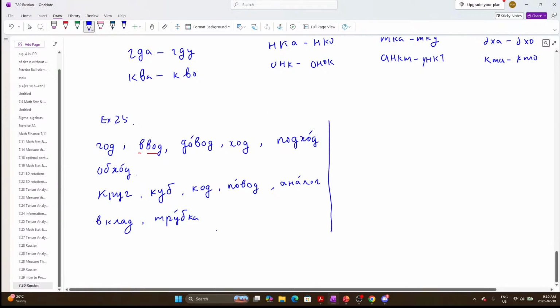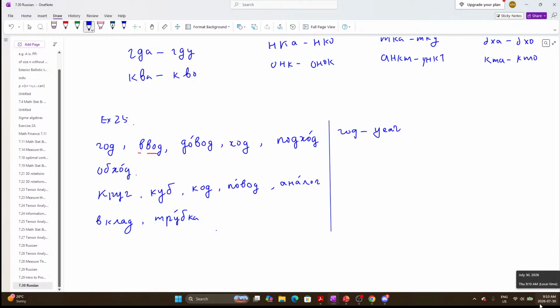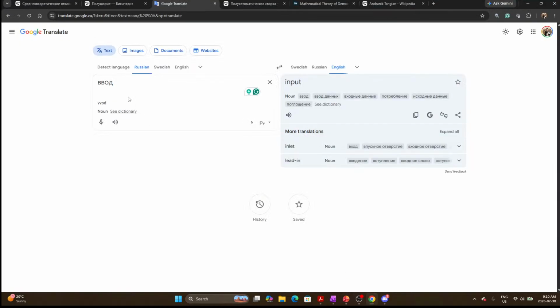Okay, let's take a look at the meaning. God is year, not God, okay? Is year. So for example, this year is 2026, but it has to conjugate, right? So year 2026, how do you conjugate that?